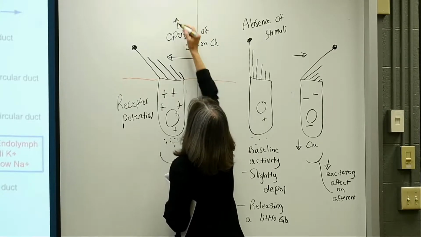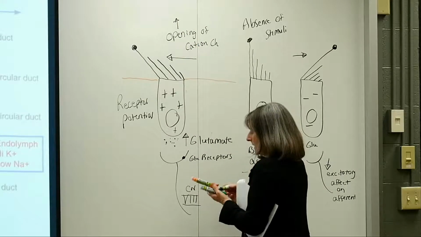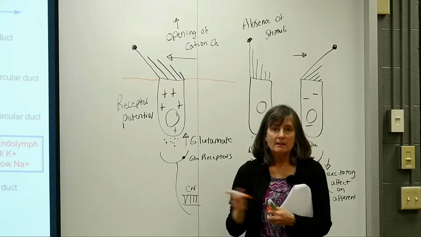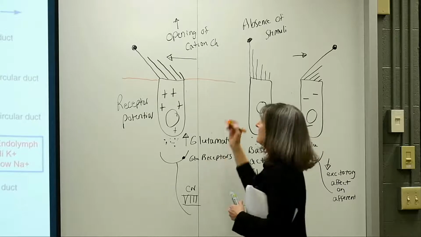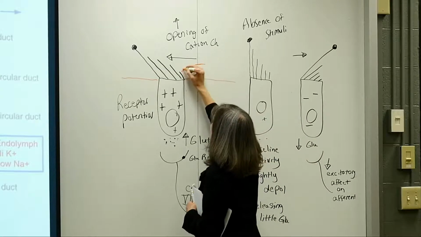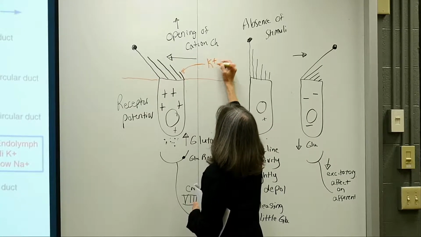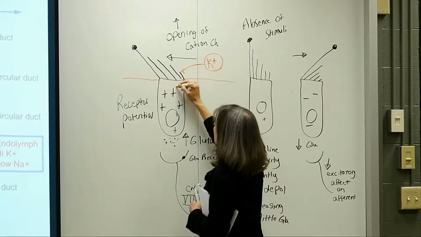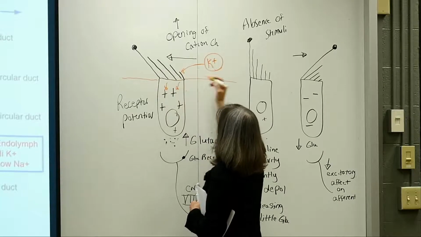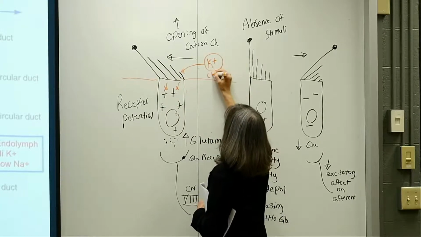And that's an increased opening relative to rest. So it turns out that in the vestibular system, the charge carrier is actually potassium. So that's unusual. Okay, that's what's going to end up depolarizing the cell. So potassium is the charge carrier.